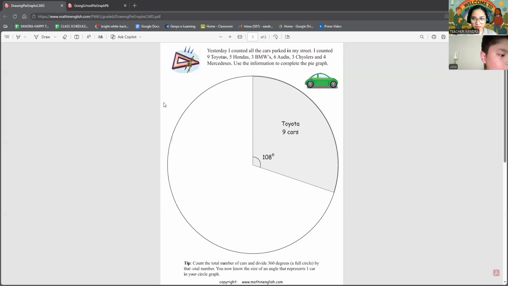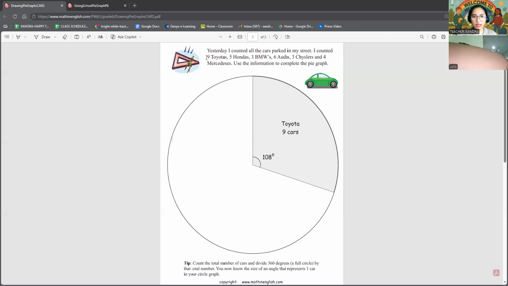And 17 plus 6 equals 23. And 23 plus 4 is 27. Here, the Chryslers. And then plus 4, 31.